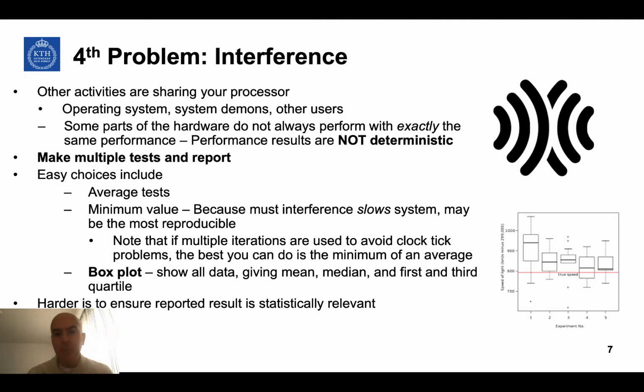Note that if multiple iterations are used to avoid clock tick problems, the best you can do is the minimum of an average. Also, when we have multiple measurements, we can report the so-called box plot. Here is an example where we show all the data, giving the mean, the median, the first and the third quartile.